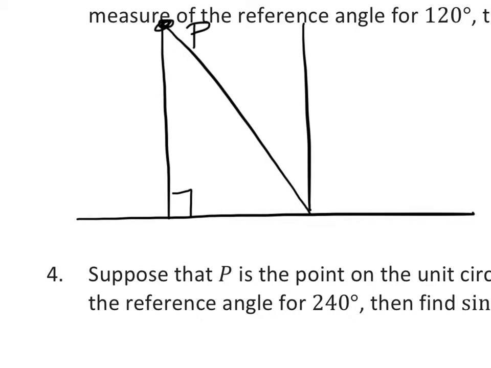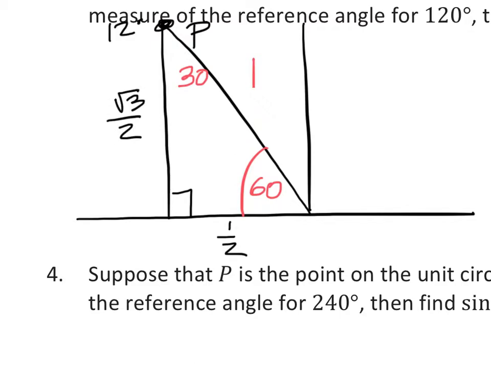So if I have 120 degrees here, what is this angle in there? 60. Alright, so we know from doing a 30, 60, 90 triangle already that if this is 1 on the hypotenuse, then you're going to come up with square root of 3 over 2 for the long leg and 1/2 for the short leg.